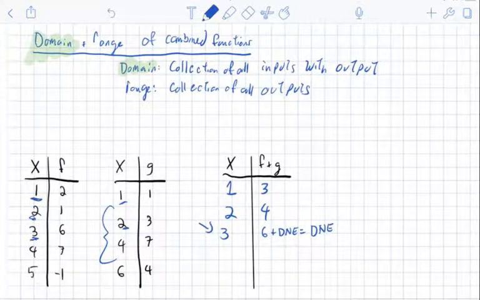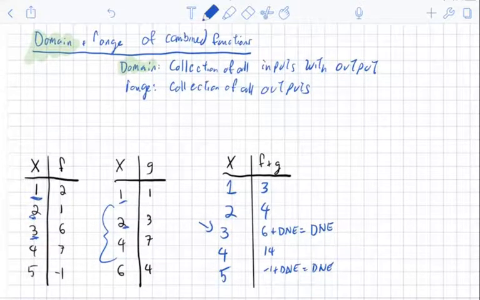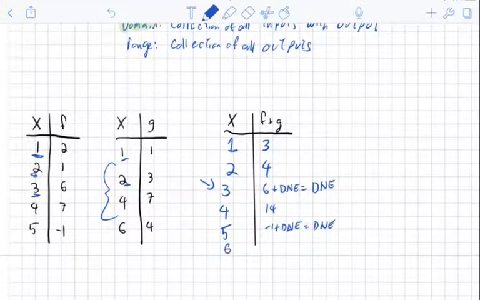Okay, 4, yeah, that's in the domain. 7 plus 7 is 14. 5, it's minus 1 plus does not exist. And then for 6, it is does not exist plus 4. Okay.